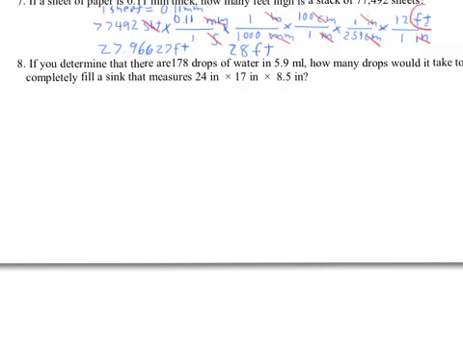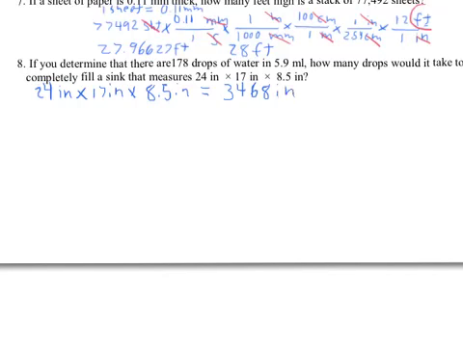What we've got here is this. We know that the sink is 24 inches by 17 inches by 8.5 inches. When we multiply that, we find this sink has a volume of 3,468 cubic inches.